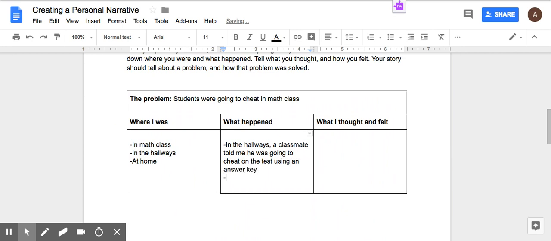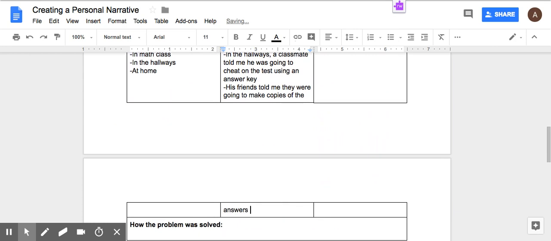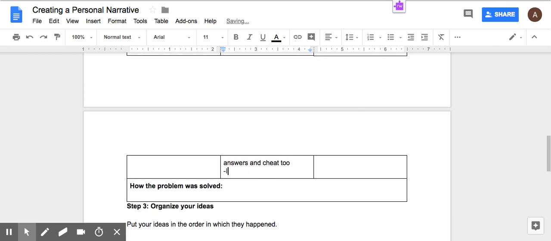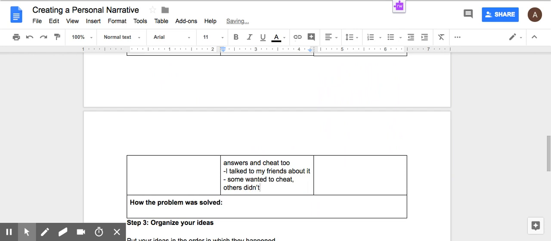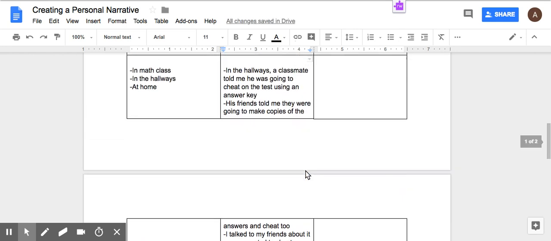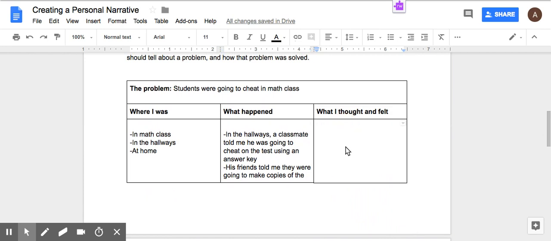His friends told me they were going to make copies of the answers and cheat too. I talked to my friends about it. Some of them wanted to cheat, others didn't, and I had to make my own decision about what I was going to do.